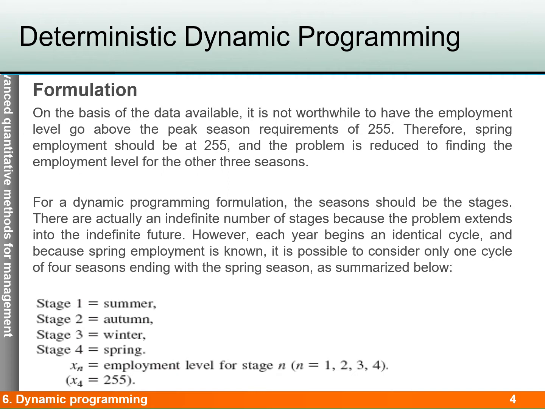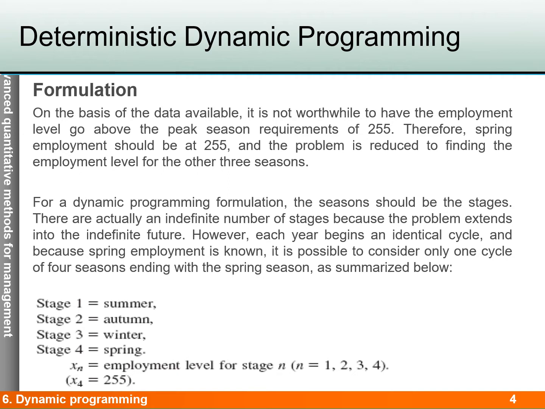Although this number is not an optimal number, we know that all of the seasons can work properly, because the minimum of the other seasons is less than 255. So spring employment should be at 255 points.